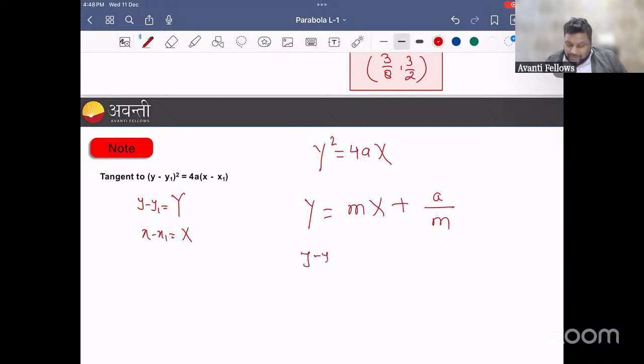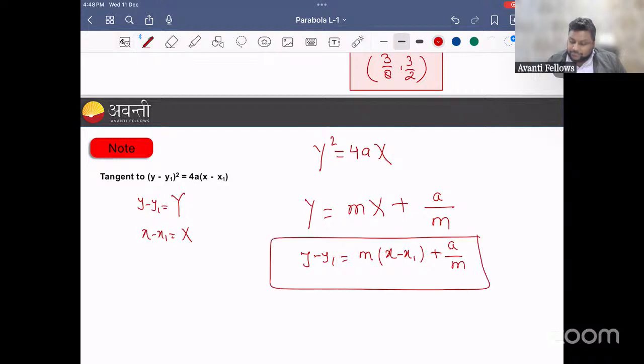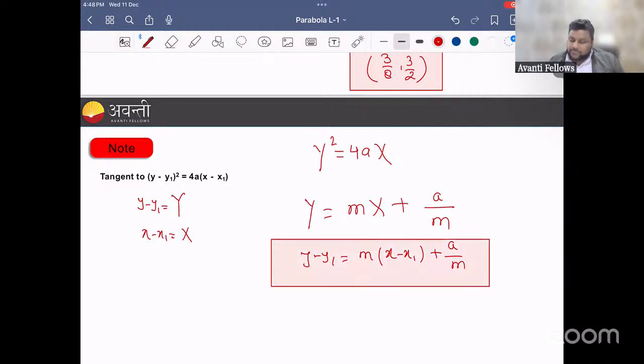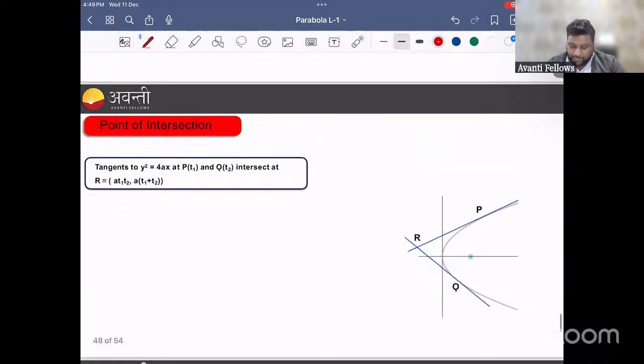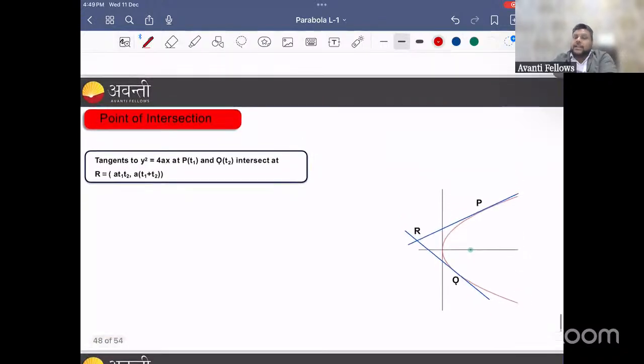So y minus y1 is m times x minus x1 plus a upon m. So this is the equation of tangent if we have a shifted parabola where the origin has been shifted from 0, 0 to x1 comma y1. Got it?